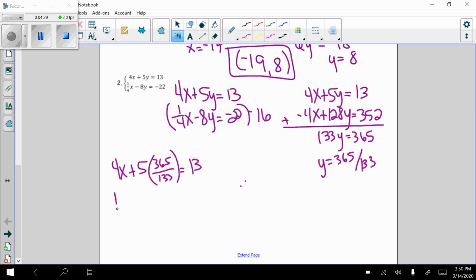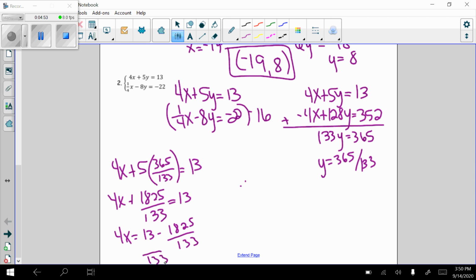So here I have 4x plus 1825 over 133 equals 13. Subtract over, so 4x equals 13 minus 1825 over 133. I want to get a common denominator, so really I want this to be over 133.